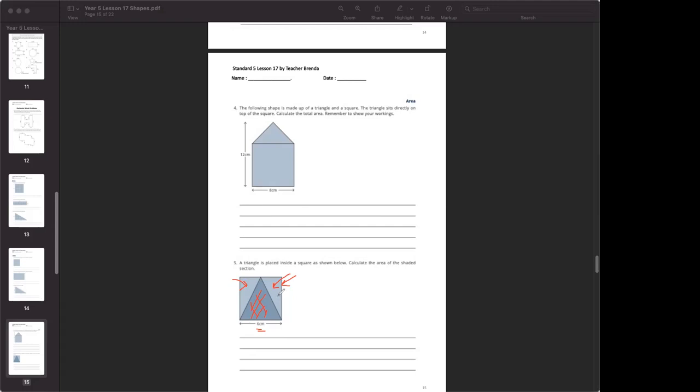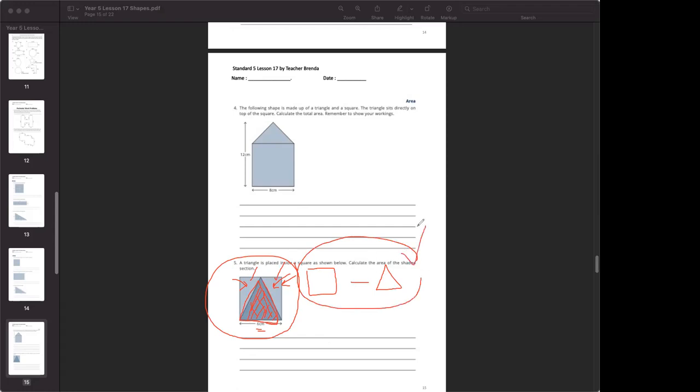So in other words, guys, you must take the area of the square, the total area, and minus the area of the triangle. You take away the area of the triangle and you will get the balance area. Do you see that or not?